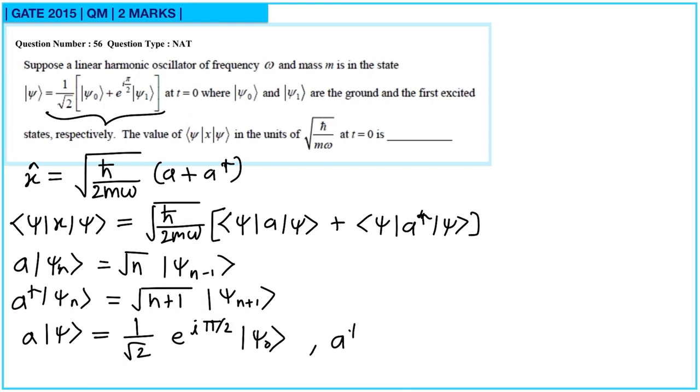And if a dagger is operated on psi, this will be plus 1. So 1 by root 2, then psi 0 gives psi 1, plus e raised to i pi by 2, and the 1 becomes 2, so root 2 into psi 2.